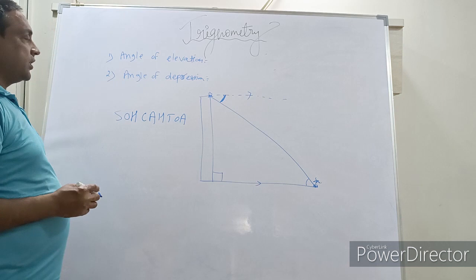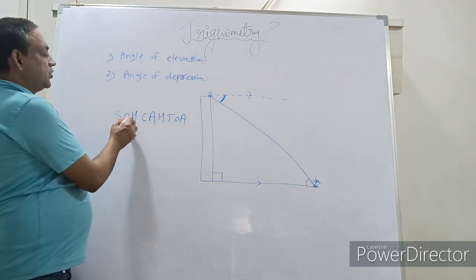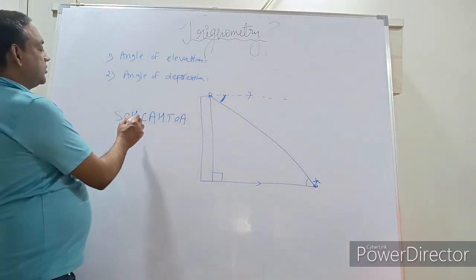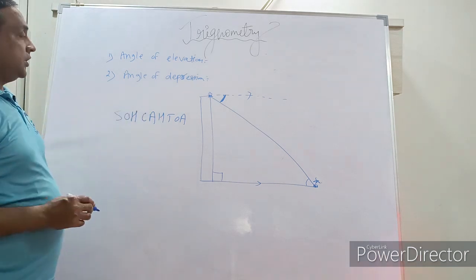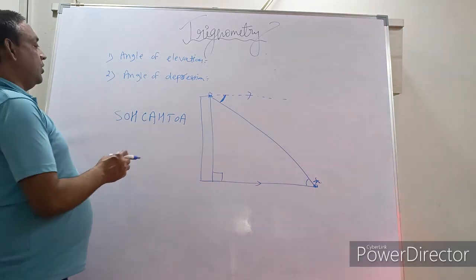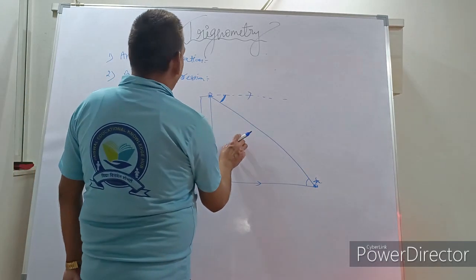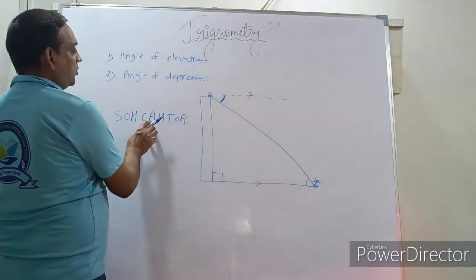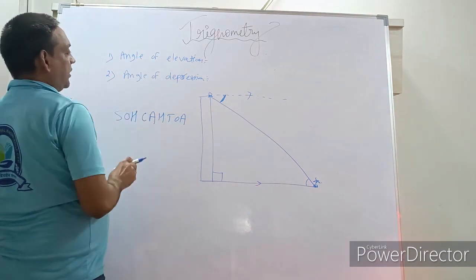In the beginning we did: sine is opposite over hypotenuse, cos is adjacent upon hypotenuse, tan is opposite over adjacent.